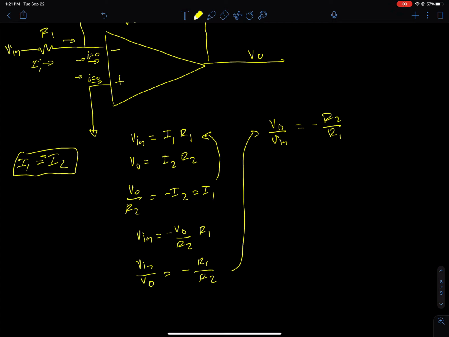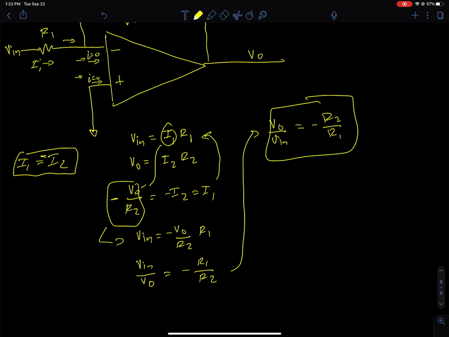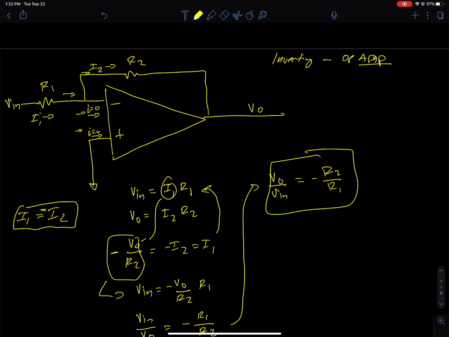If it's just I2, we can set this to equal negative. And then we can insert this into this, which makes this true, okay? And since this is true, we know that this is AV and this is negative, so it is an inverting op amp.